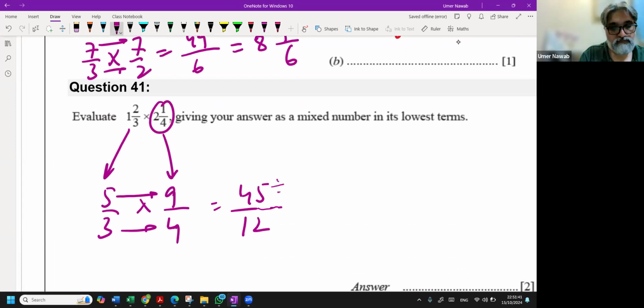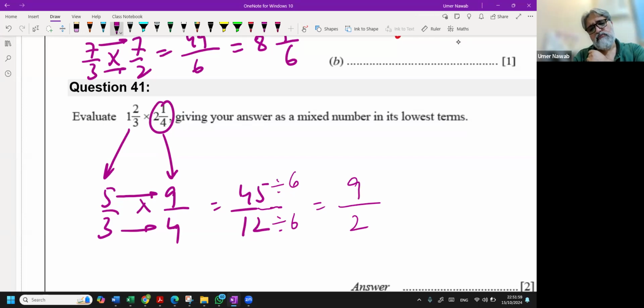Divided by 3, or divided by 6, 9 over 2, or you can also call it, because 45 is basically 5 times 9. Let me write it here. 5 times 9 is 45, and we have here 12.